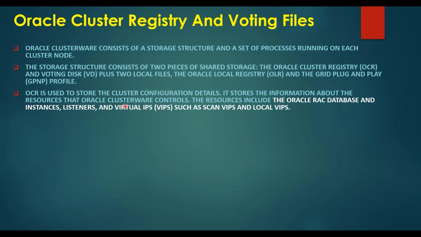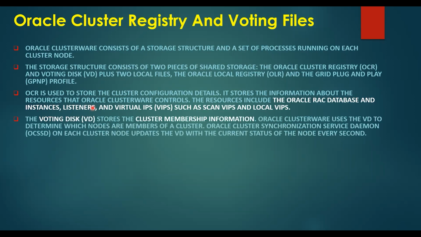All of these are part of your cluster configuration. All the listeners, all the database information, local VIPs, scan VIPs, everything will be part of the OCR configuration. So OCR is a collection of various configuration information about your Oracle RAC database instances, listeners, and virtual IPs.